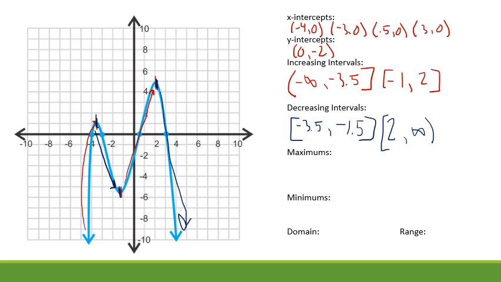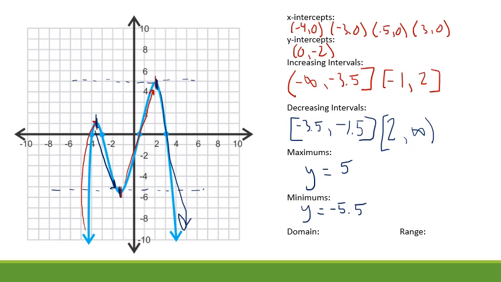Okay. Local maximum, the highest of which lies on this line, which crosses the y at +5. The local minimum lies at this line here, which is y equals -5.5. It's our local minimum.